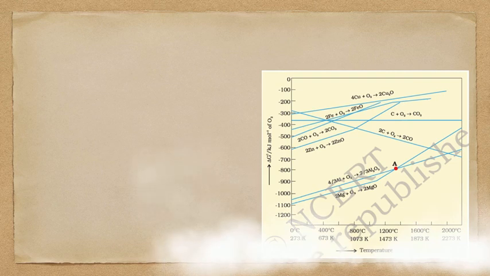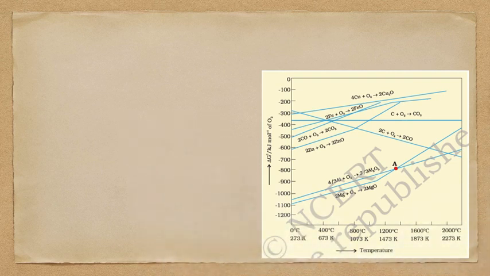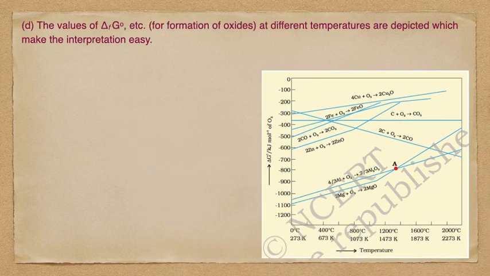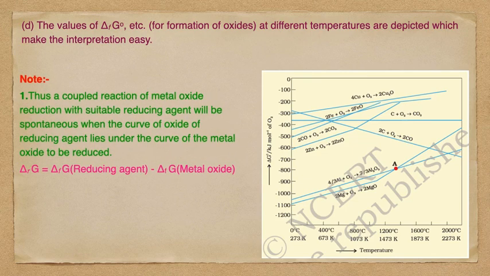Now, point number two: the values of delta G naught for the formation of oxides at different temperatures are depicted, which makes the interpretation easy as to which metal will be used as a reducing agent for which oxide. Note, thus, the coupled reaction of metal oxide reduction with a suitable reducing agent will be spontaneous when the curve of the oxide of the reducing agent lies under the curve of the metal oxide to be reduced.